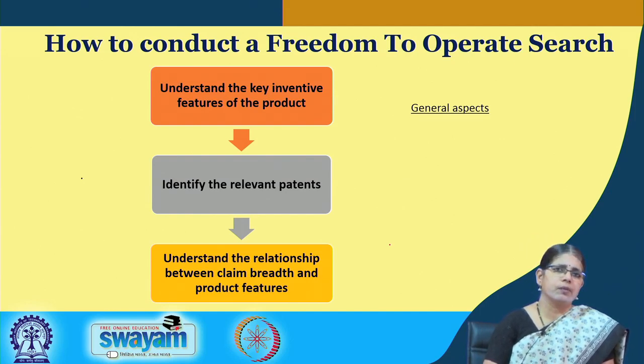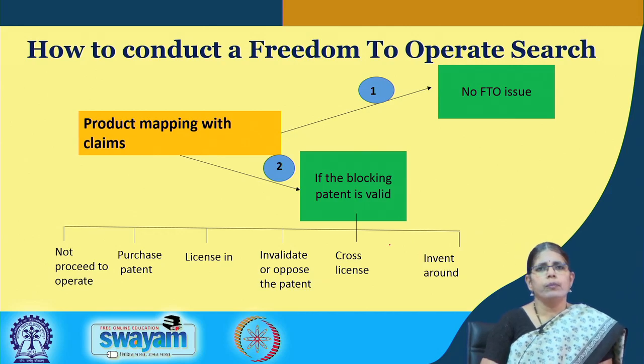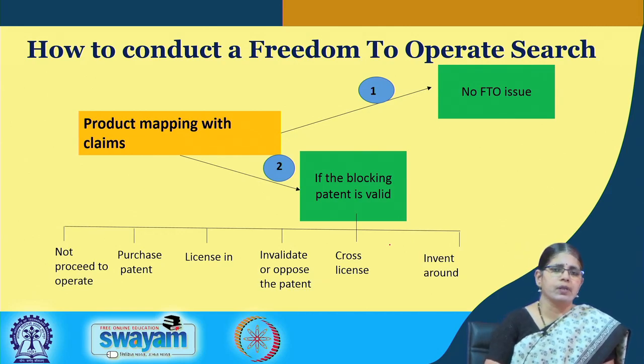In the third stage, we understand the relationship between the claimed scope in a patent with respect to the product for which we are seeking the FTO. So, product mapping with respect to claims is an elaborate process and it can lead to different outcomes.